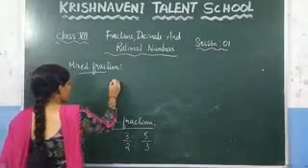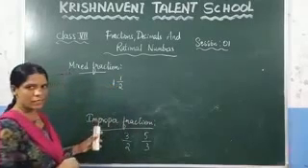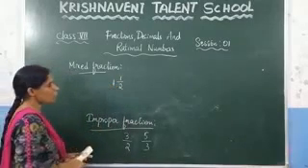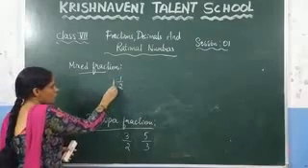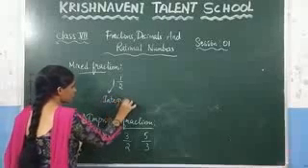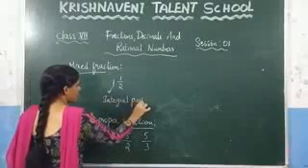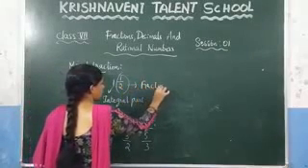Suppose here the mixed fraction is in the form of like this, 1 by 2, with a whole number in front. It consists of 2 parts, which is this part and this part. This part we call the integral part. And the other part, this part we call the fractional part.